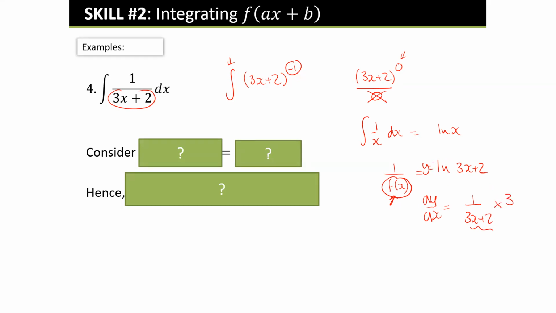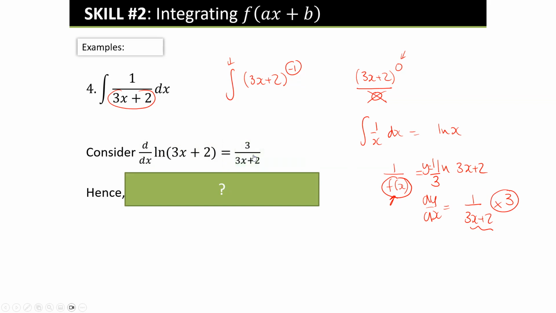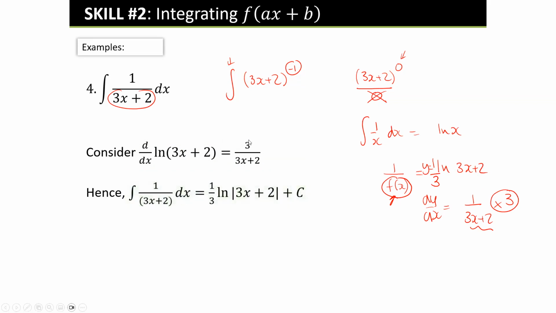So when I've integrated, I need to compensate for what I'm going to get from the chain rule and put 1/3 on the front. So it's 1/3 the ln of 3x plus 2.